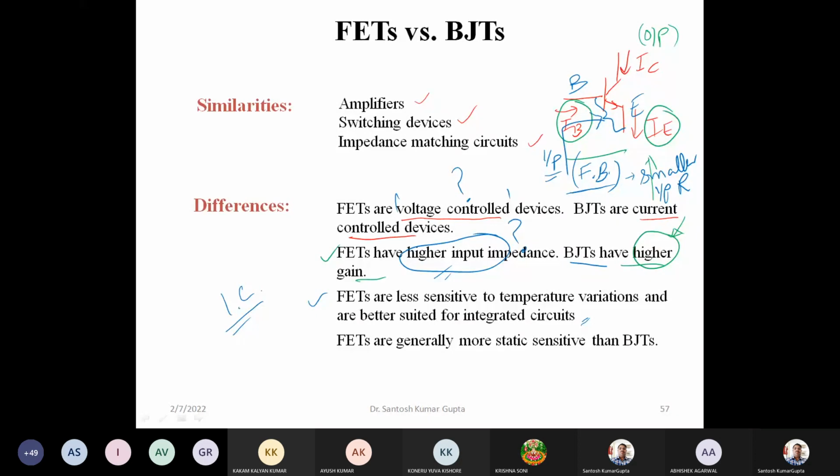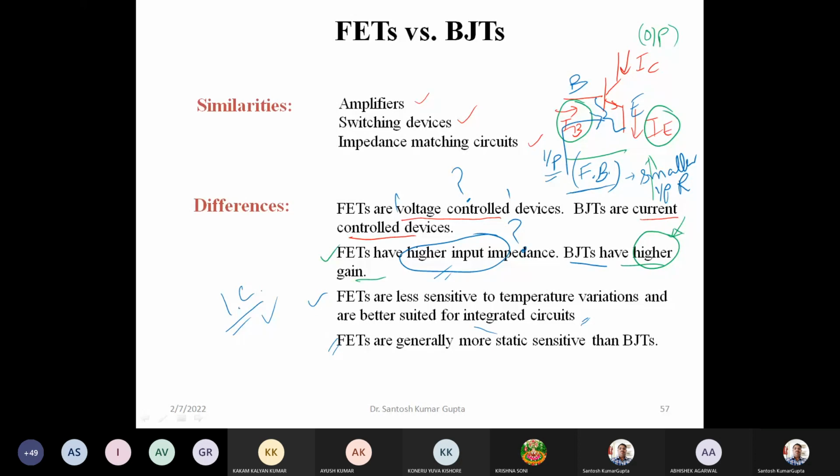On a single substrate we put all our transistor circuitry to perform a certain job like amplification or some other controlling function. Integrated circuits now have millions of transistors. FETs are generally more static sensitive than BJTs. We will also see these points in detail.